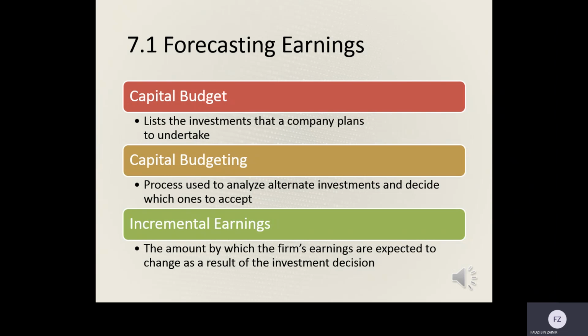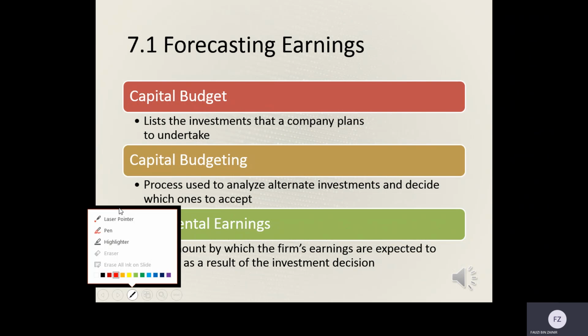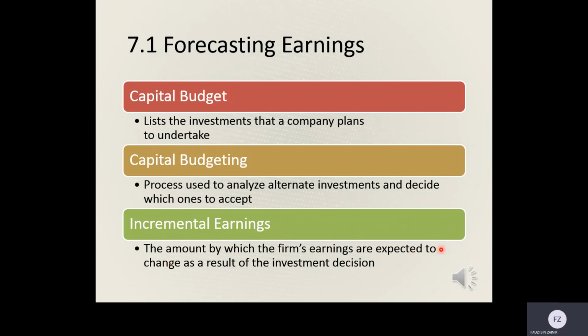We will also look at the definition of incremental earnings. It is defined as the amount by which the firm's earnings are expected to change as a result of the investment decision. So here what we are looking at is the additional impact of how the project would affect either the earnings or the costs.